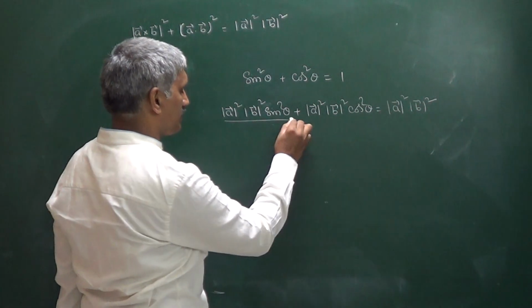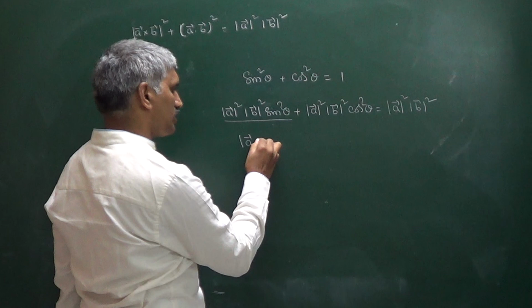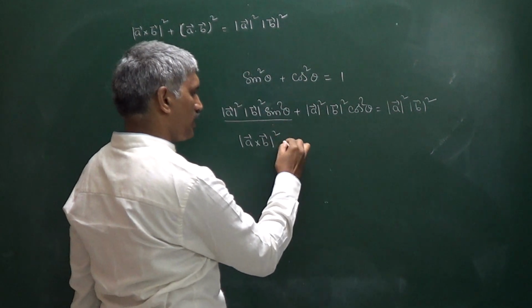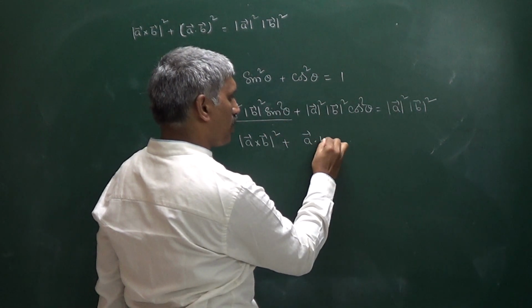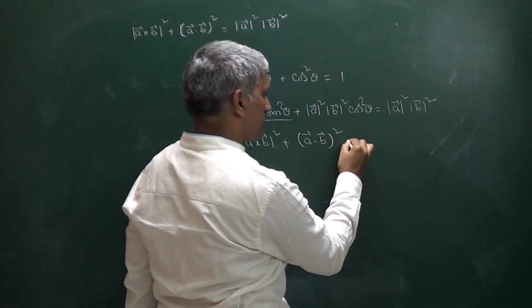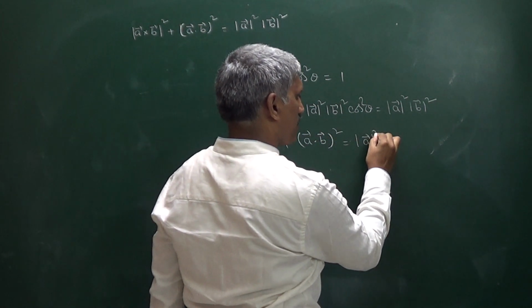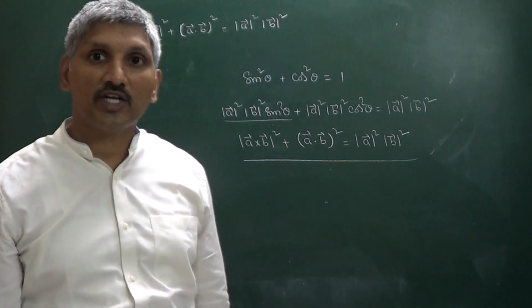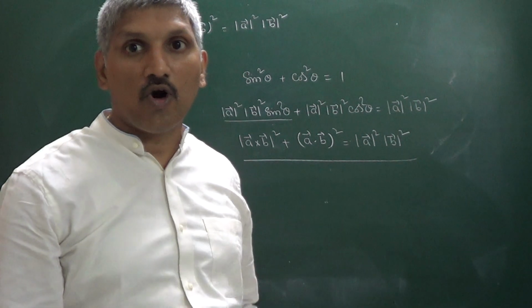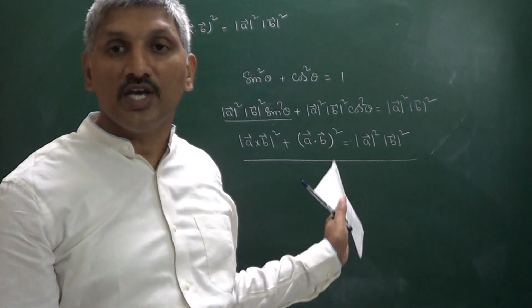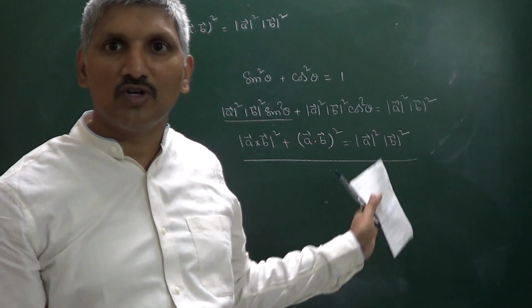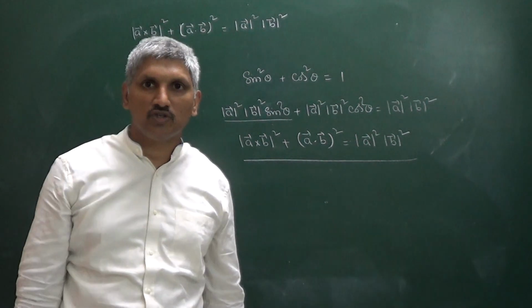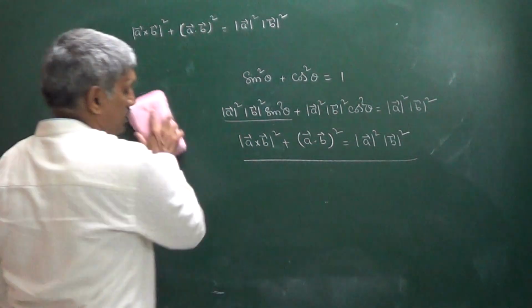Now this is nothing but magnitude of A bar cross B bar whole square, the next one is A bar dot B bar whole square, and this one is magnitude of A bar whole square into magnitude of B bar whole square. This is nothing but Lagrange's identity, right? Mod A bar cross B bar whole square plus A bar dot B bar whole square is equal to magnitude of A bar whole square into magnitude of B bar whole square. This is Lagrange's identity, better to remember as a standard result.